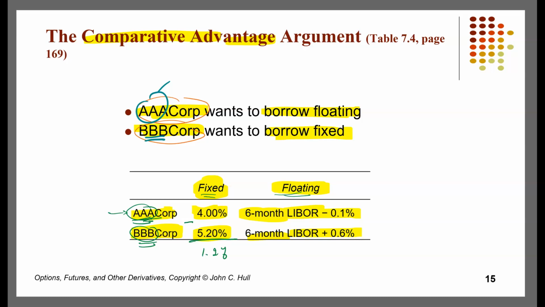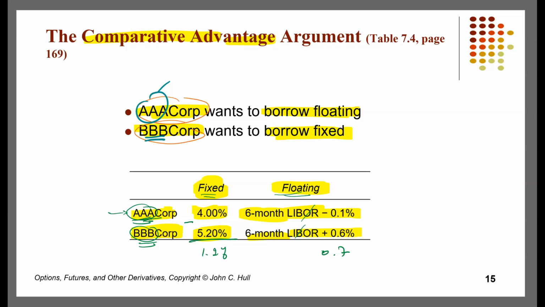In the floating rate market, LIBOR and LIBOR cancel each other. So we're going to have 0.6, I'm sorry, minus minus 0.1, and what we're going to have is 0.7. That is the difference that we have here. So it's going to be 0.7.